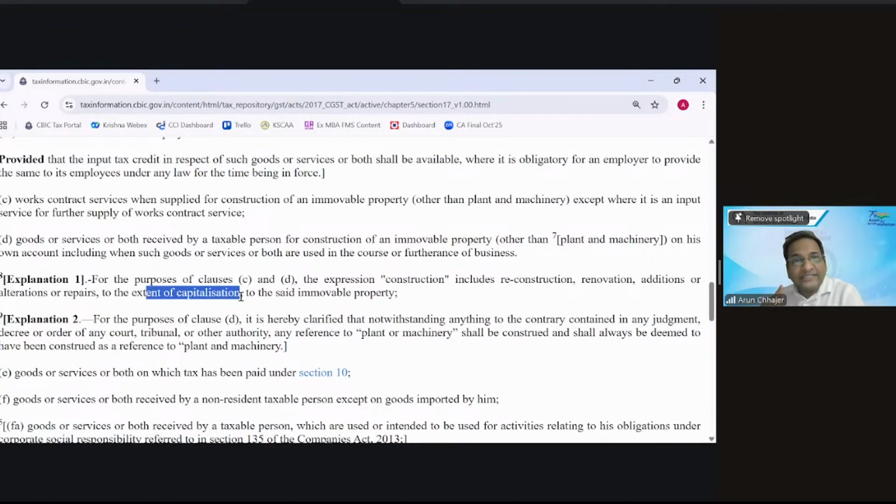If you are doing the same nature of business, will you capitalize the cement, etc.? Will you capitalize if your outward supply is of the same nature? If this is your business, will you capitalize that amount, iron rod, cement, etc.? You will not capitalize.